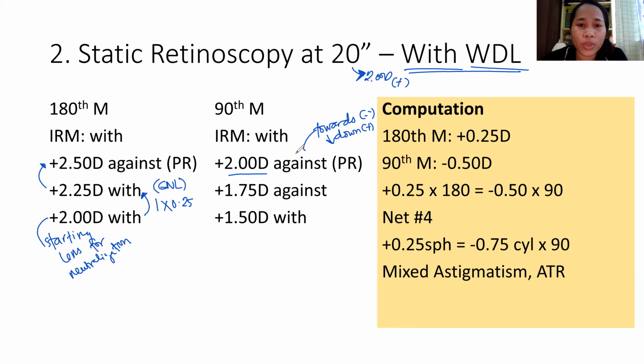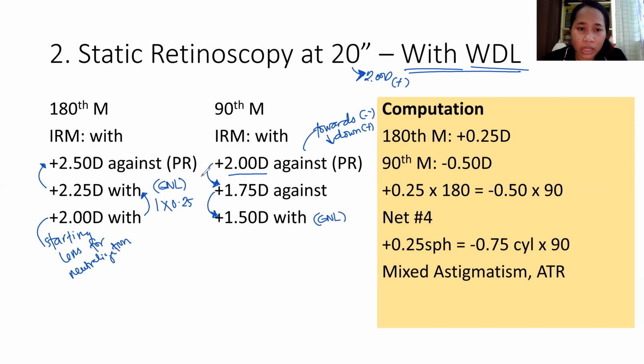So you go down. At plus 2, the movement became against. So you went down. At plus 1.75, the movement is still against. So you went down again. At plus 1.50, the movement is now with. So this is your GNL.